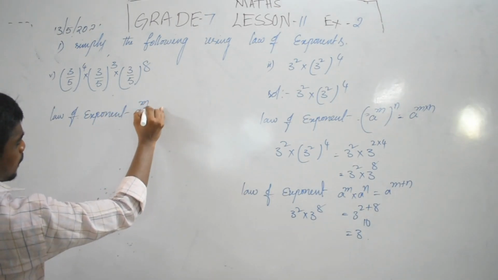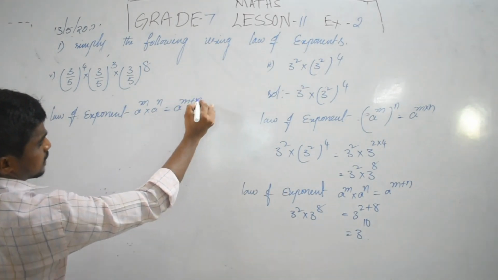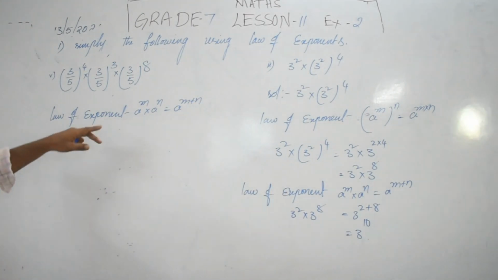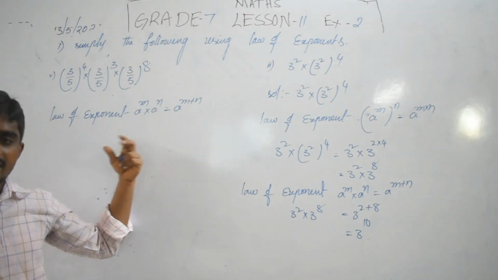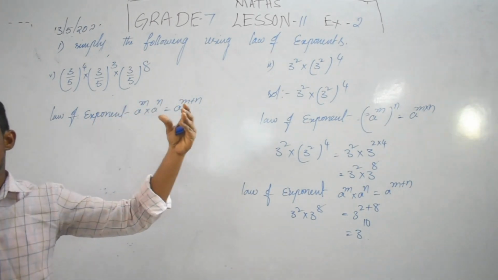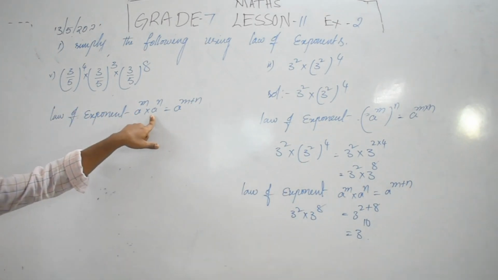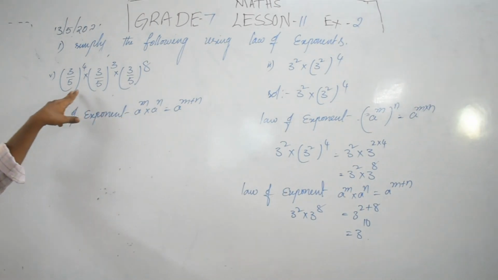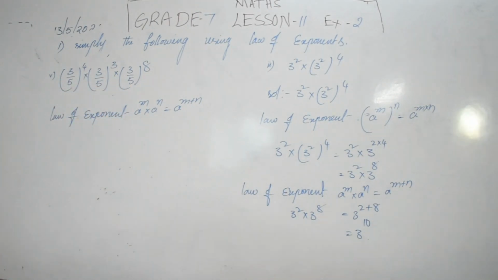a power m multiplied by a power n equals a power m plus n. Here see, bases are given, powers are just added. Here only 2 exponential forms are given, but here 3 exponential forms are given. So how do we do it, you are asking.